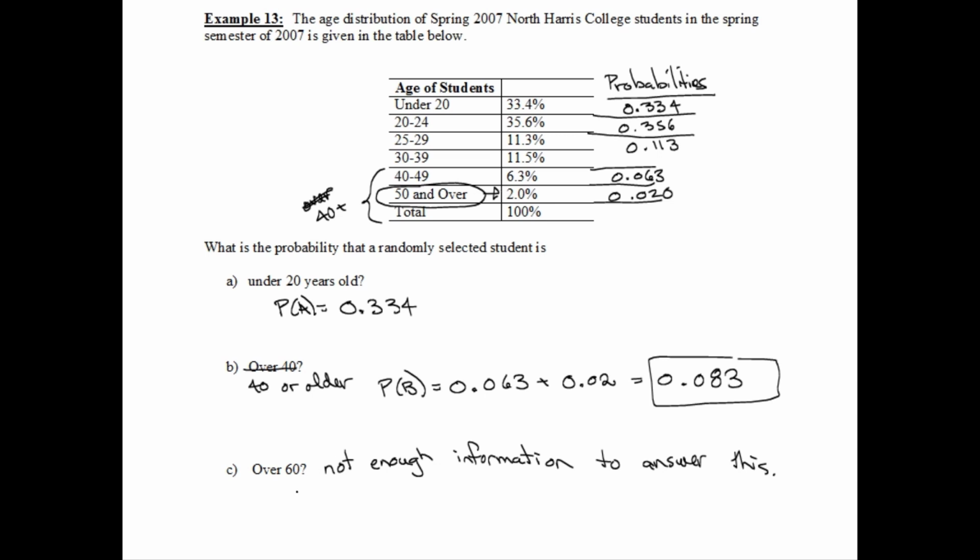We don't know exactly what this probability is, but we know it's some of this 2%. Perhaps all of it. Perhaps there's no one between 50 and 60 and everyone is over 60, but we don't know that. We can say that it's going to be smaller than or equal to 0.02 from this line of our table.